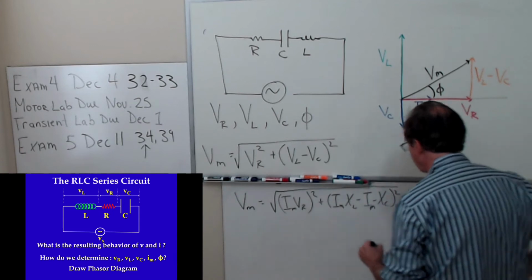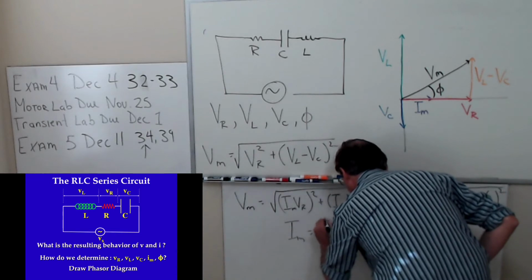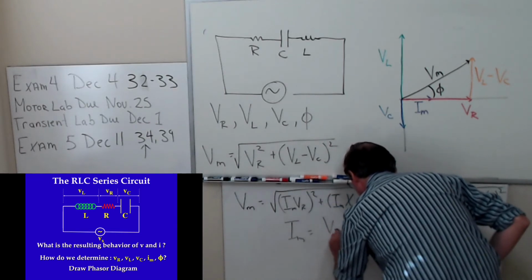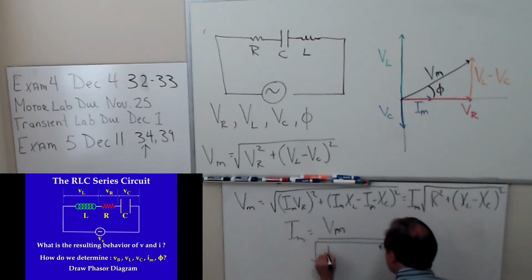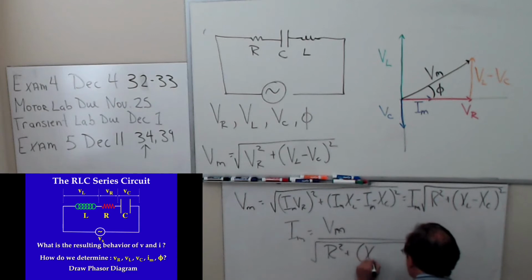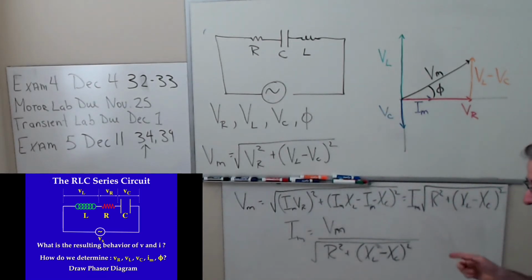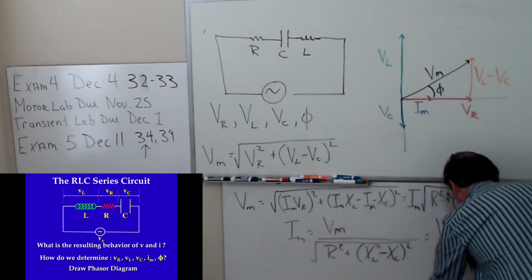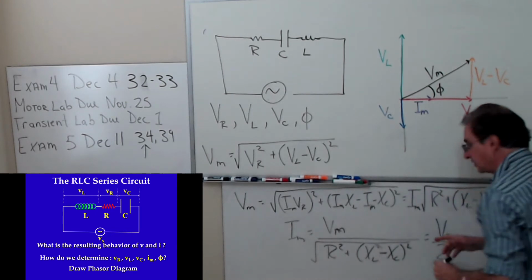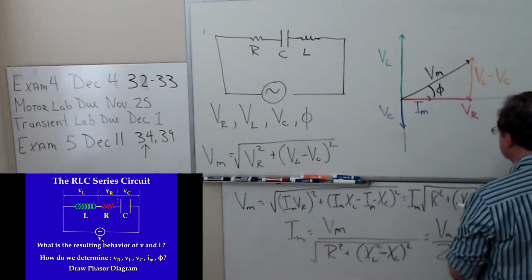So let's solve for I sub M. And we have the expression for the current. And Z we call the impedance. We can also figure out some other things here.